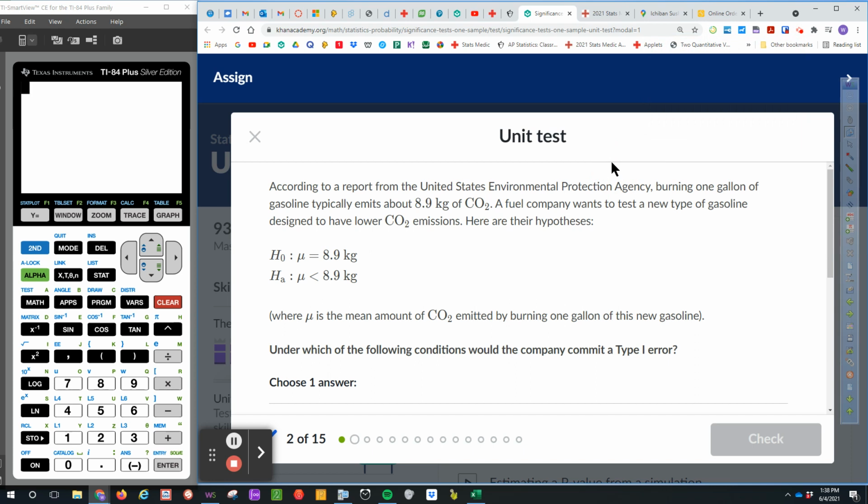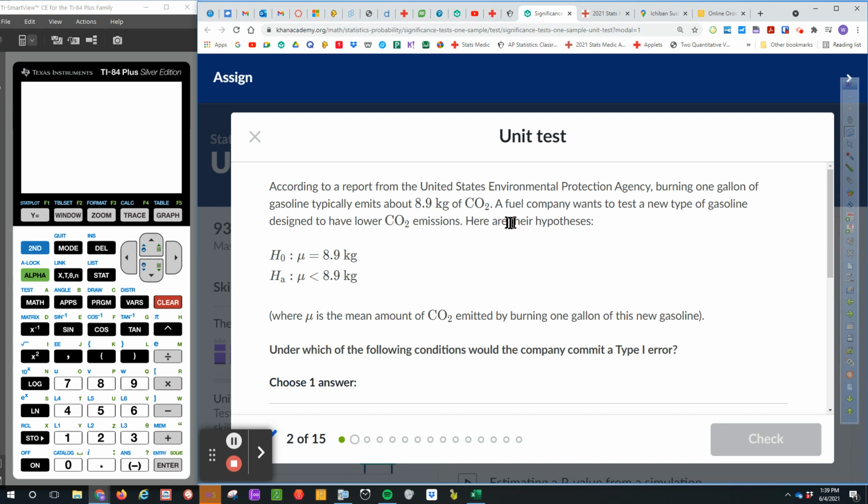Need to continue. So, according to a report from the United States Environmental Protection Agency, burning 1 gallon of gasoline typically emits about 8.9 kilograms of carbon dioxide, CO2. A fuel company wants to test a new type of gasoline designed to have lower carbon dioxide emissions.